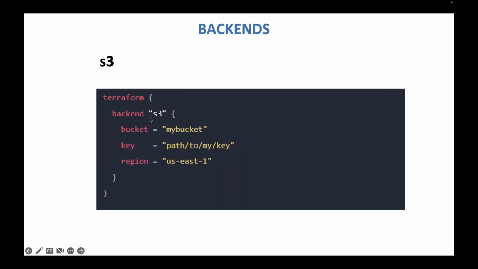If you are going to use S3, then this is the bucket name and this is the folder and file where the state file is stored, and this is the region. Basically the storage has to support the locking system.